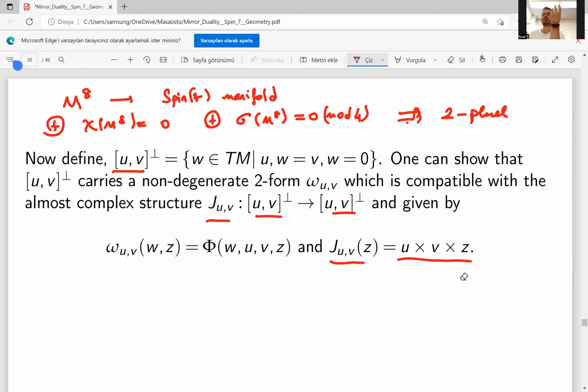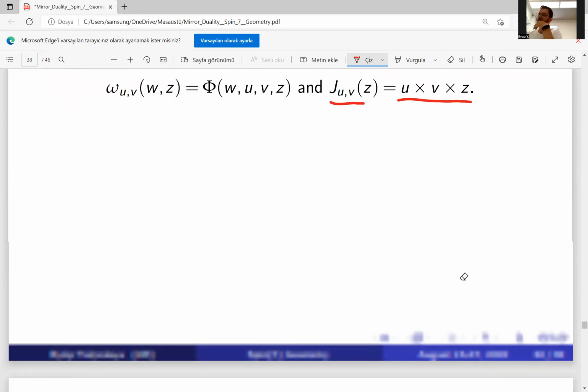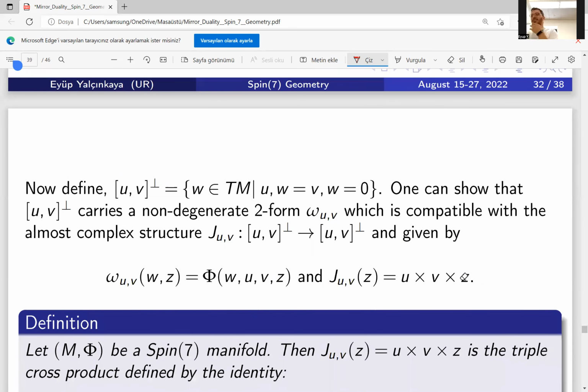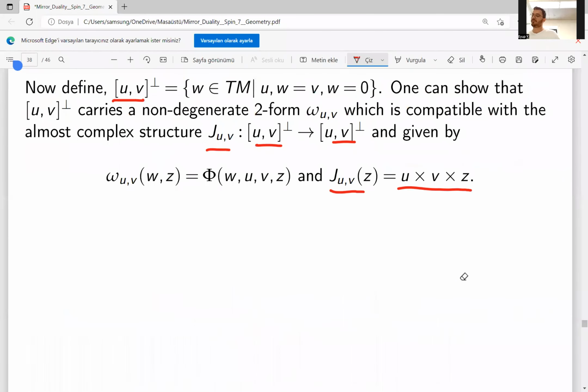So for the Spin(7) manifold, if you guarantee the two plane field, you can define the almost complex structure. Okay, this is our approach. And for this almost complex structure, we also try to find a symplectic structure.